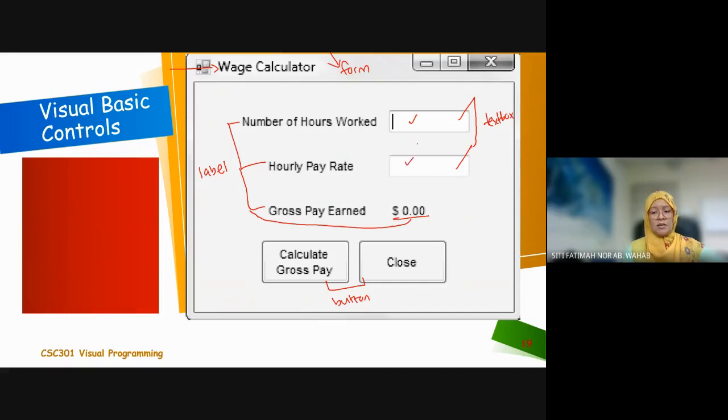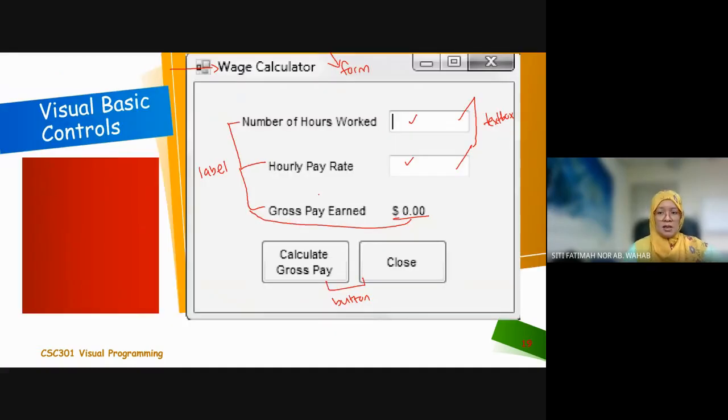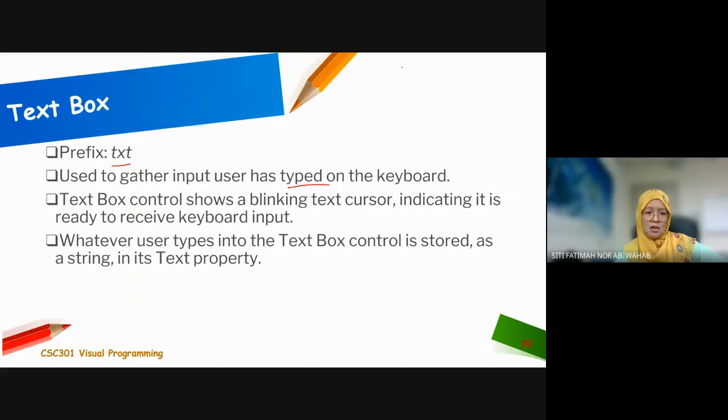A text box can be changed or entered by the user. The prefix used for a text box is txt. It is used to gather input that the user has typed on the keyboard. A text box control shows a blinking text cursor. When you run an application, the cursor will blink, indicating it is ready to receive keyboard input.